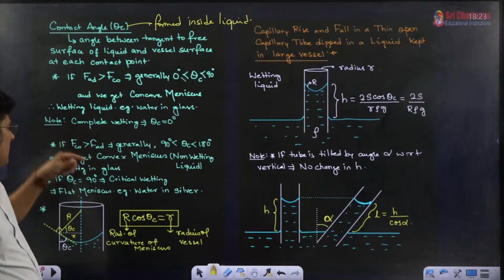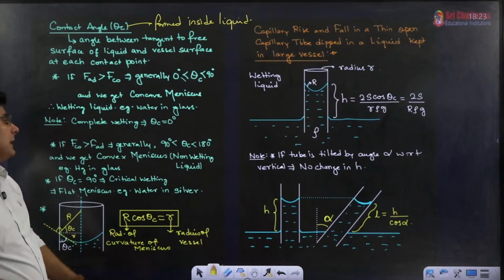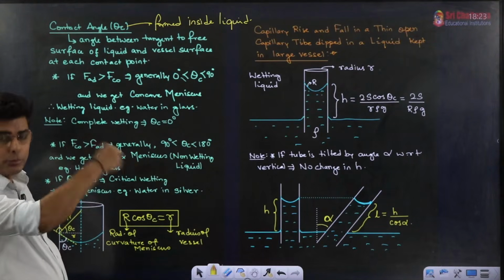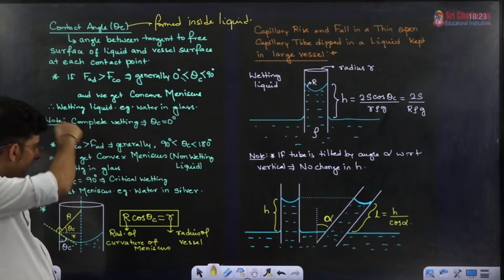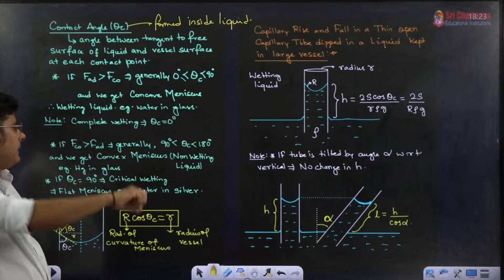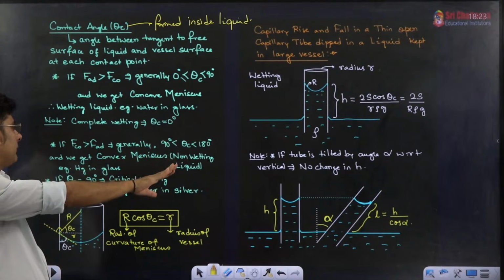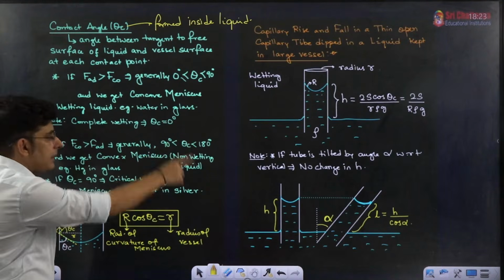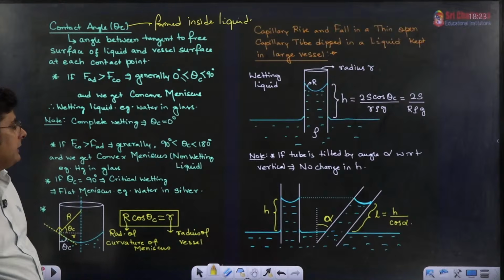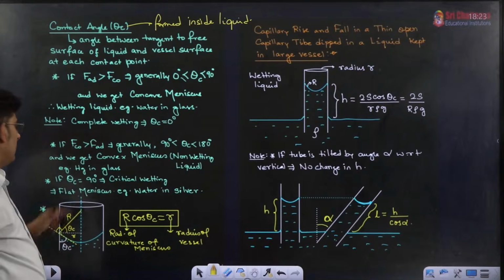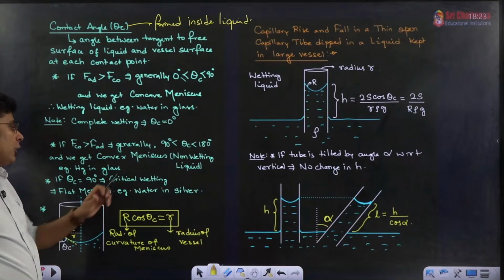Maximum attraction. If cohesive force is more than adhesive, the liquid molecules will pull the liquid molecules in contact more towards the inside. So in that case it will try to stay away from the vessel surface. So the contact angle becomes obtuse, between 90 degree and 180 degree. So we get a convex meniscus, non-wetting liquid.